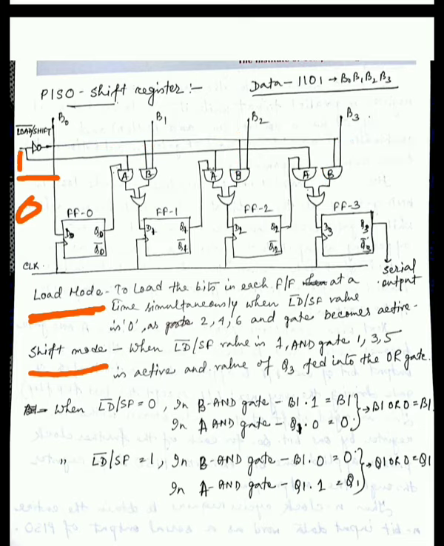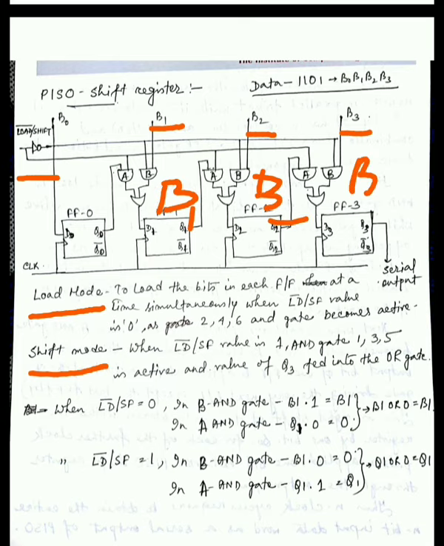This is the direct line, so this line is 0, which means the A gates connected with this line are inactive. So when the B gate is active, the other input of the B gates is the bit values B1, B2, B3. So the B1, B2, B3 values come here. This is B1, this is B2, this is B3. This value is connected here.